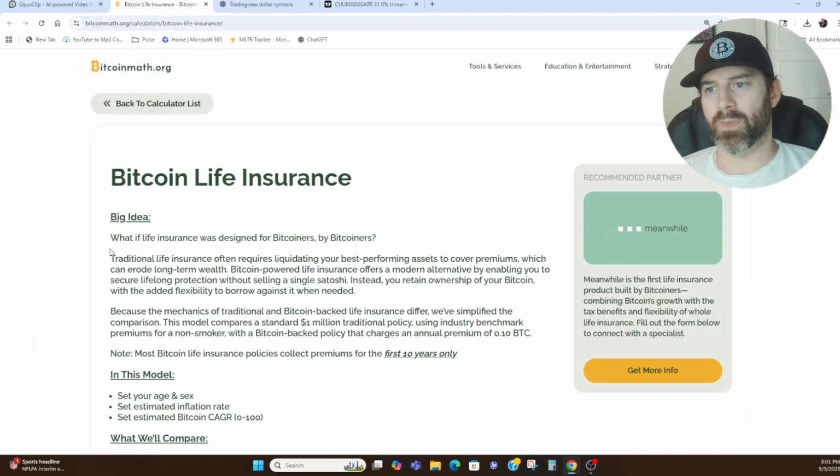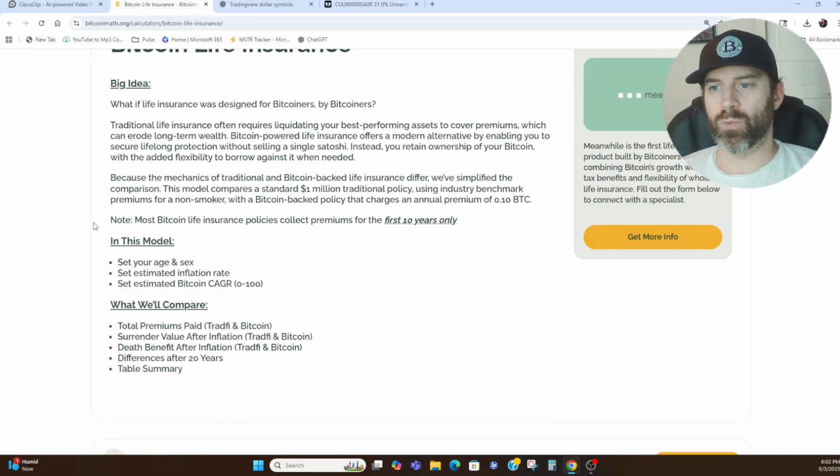So that's what we're going to look at today: a simplified view into some of the long-term benefits and bigger picture ideas of what happens when life insurance policies are denominated in Bitcoin as opposed to dollars. We've simplified the model here, and in working with Meanwhile and some of their analysts, and collecting a lot of data that they were kind enough to provide, we were able to come up with a more simplified view into some of the long-term implications.